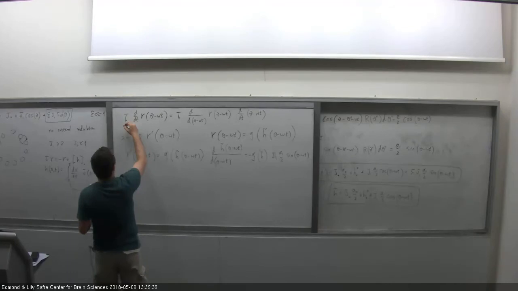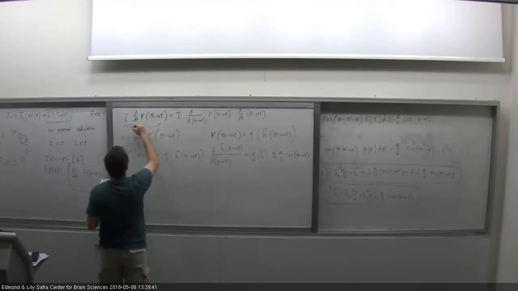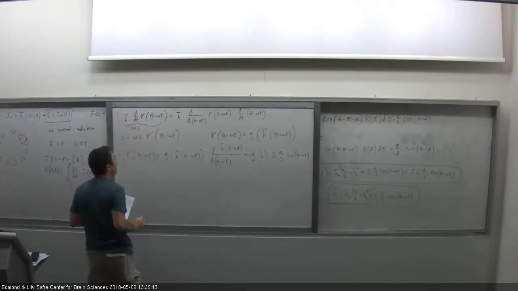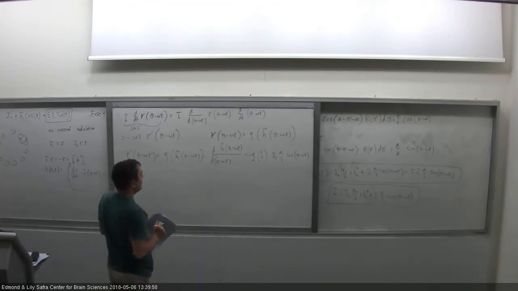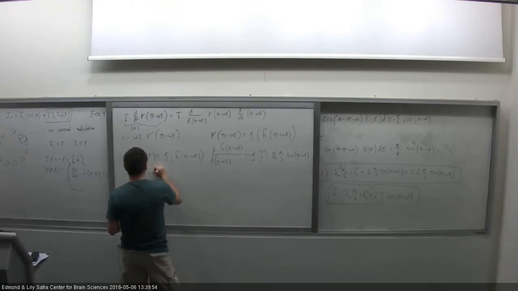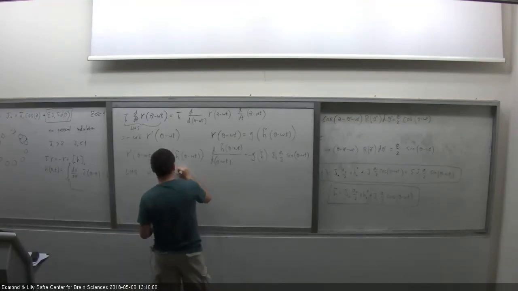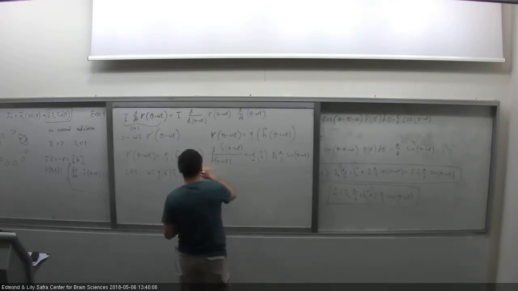So this is the left-hand side of the equation. The left-hand side of the equation is equal to W tau G prime of H tilde J1 A1 over 2 sine of theta minus WT.